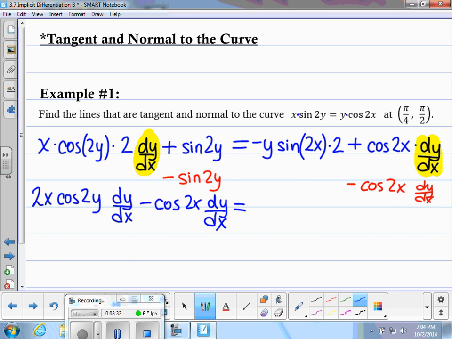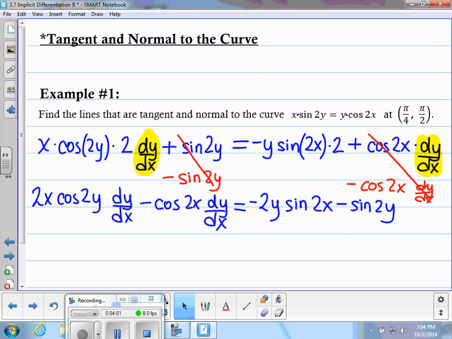So that's all that's supposed to be on the left side now. On the right side, the negative y, well, you know what? That 2 in the back, let me move that to the front. Negative 2y sine 2x. That's still there. But then I also subtracted the sine 2y from the left. So it should now be on the right. Negative sine 2y. Okay, now the idea was that this canceled out that, and this canceled out that.